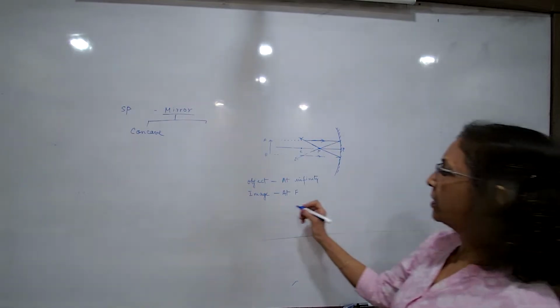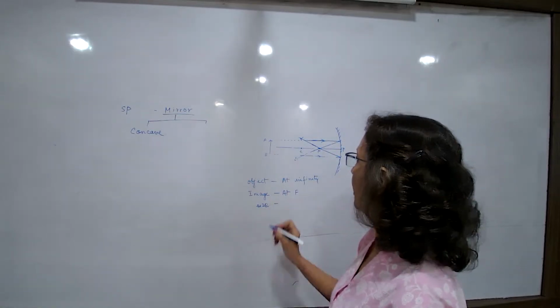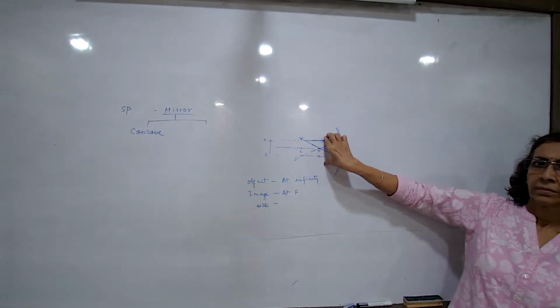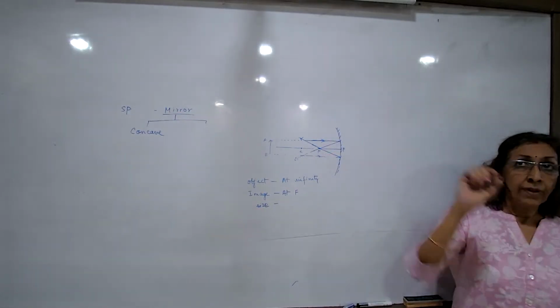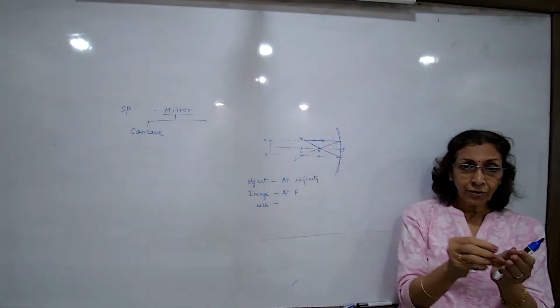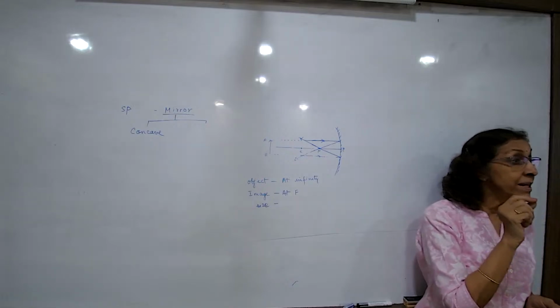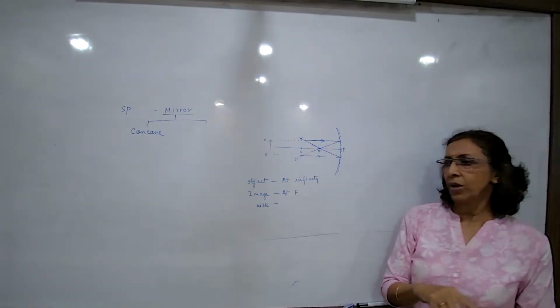What do you think is the size? Highly diminished. Is it as big as the object? No, very small. When you focus the sun onto a piece of paper, you will find one small dot. So it is highly diminished. What is diminished? It's very, very small.